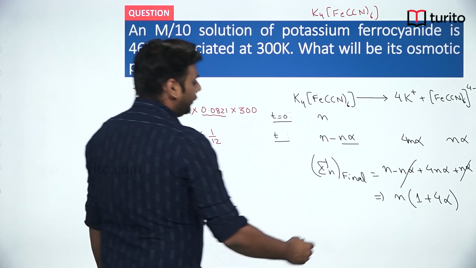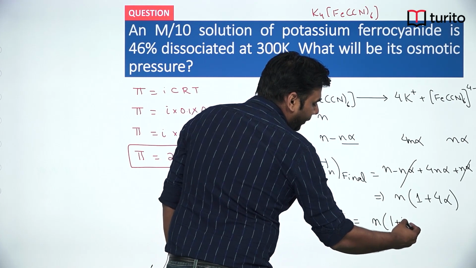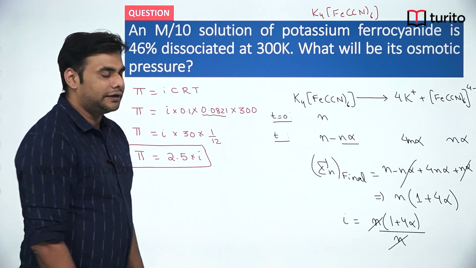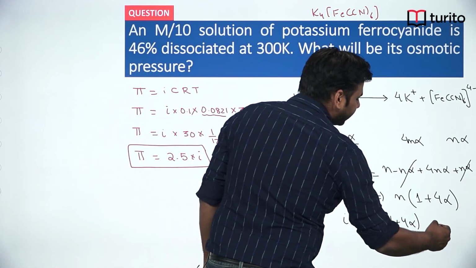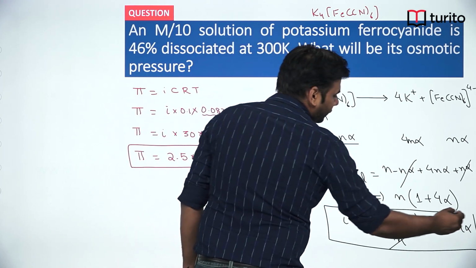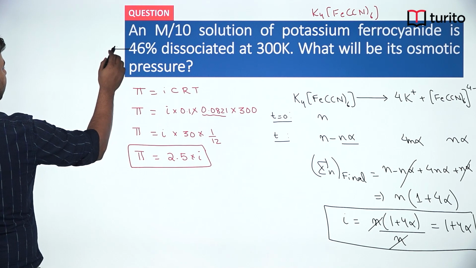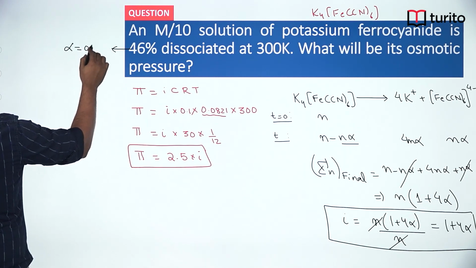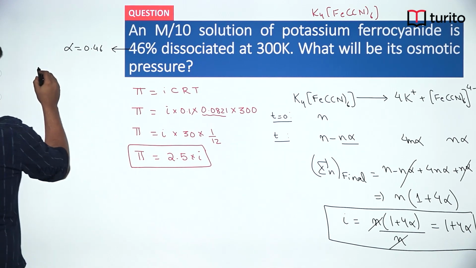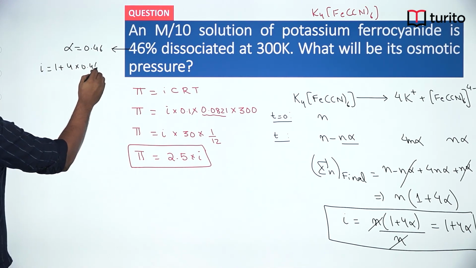So the Van't Hoff factor, we know, is the final number of particles upon the initial number of particles. Again n will get cancelled out, so the Van't Hoff factor in this case is 1 plus 4 alpha. We also know alpha is given to us as 46%, meaning 0.46. So I can calculate i, which would be 1 plus 4 into 0.46.